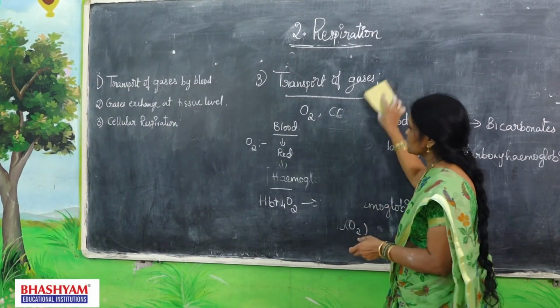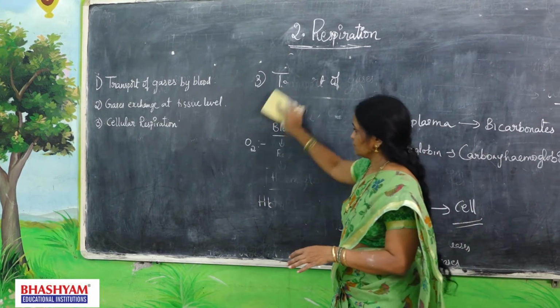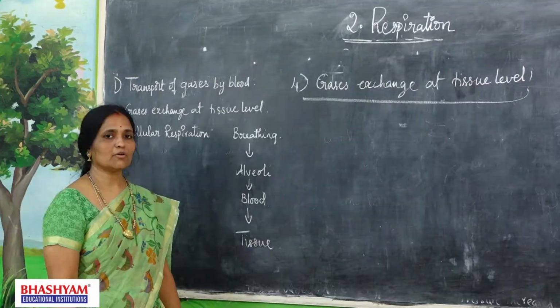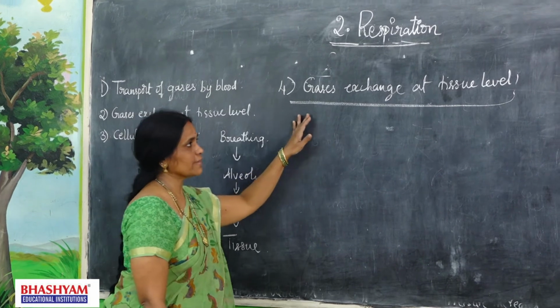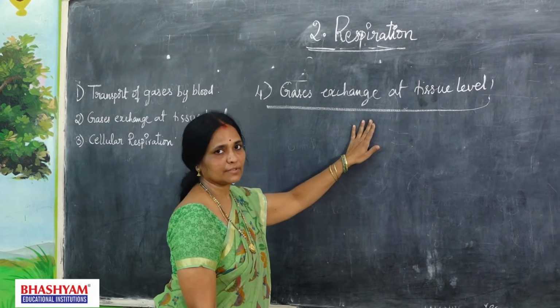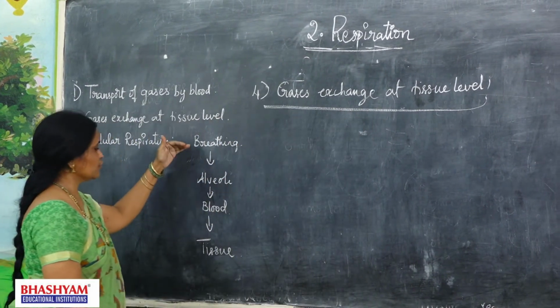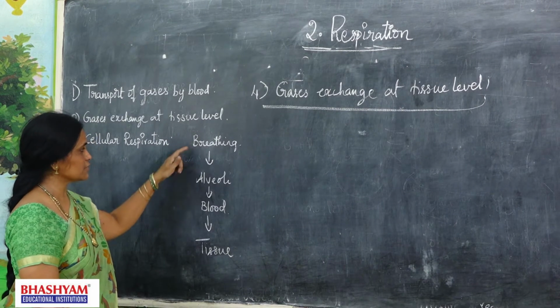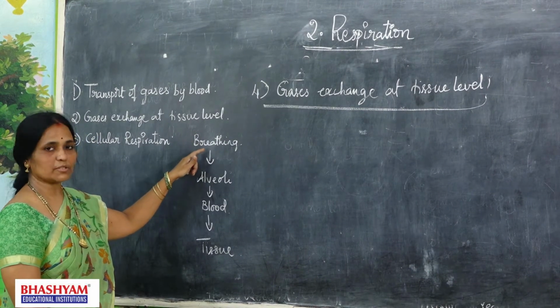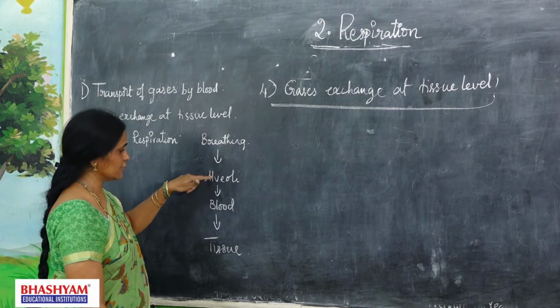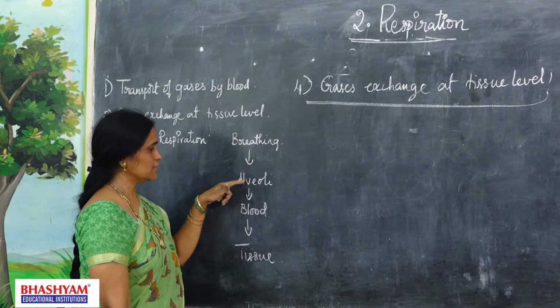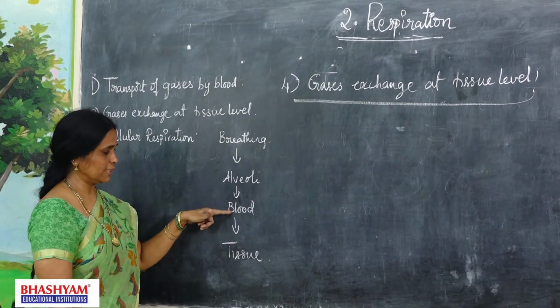How does exchange of gases take place at tissue level? Already we discussed three steps in respiration. What is the first one? Breathing. During breathing, external air enters the lungs, that is, the alveoli. From the alveoli to blood.